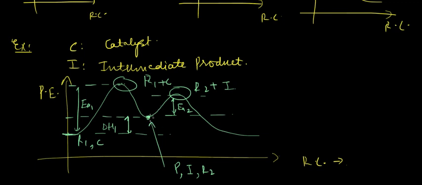Finally, some product was formed here which would be acting as a reactant for the further reaction, and in this activation complex the intermediate gets attached with R2 to form some intermediate complex 2 here, and then finally we would have formation of P2 along with catalyst. So catalyst is regenerated in the process, and this would be delta E2.